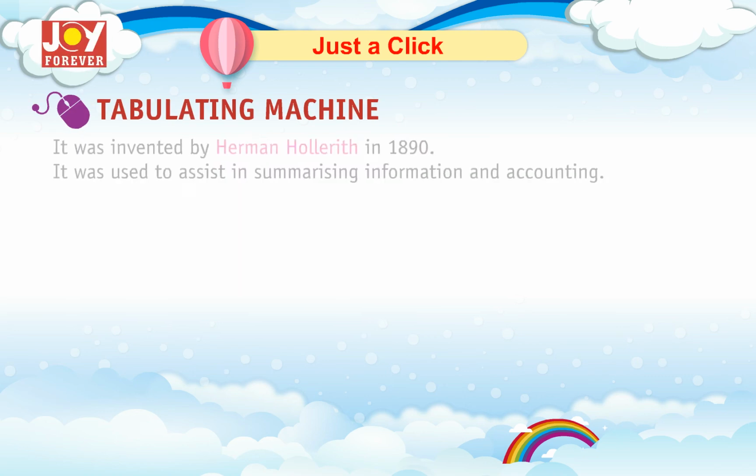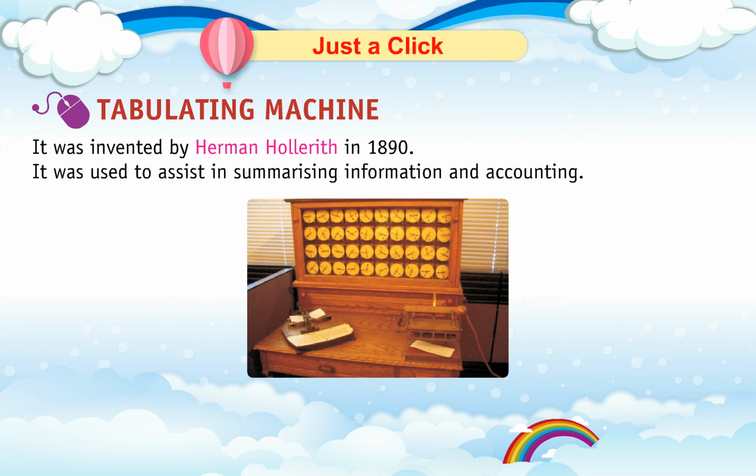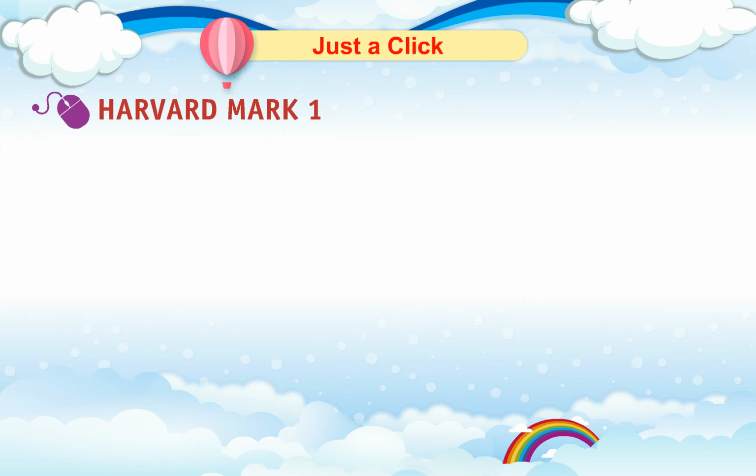Tabulating machine. It was invented by Herman Hollerith in 1890. It was used to assist in summarizing information and accounting.